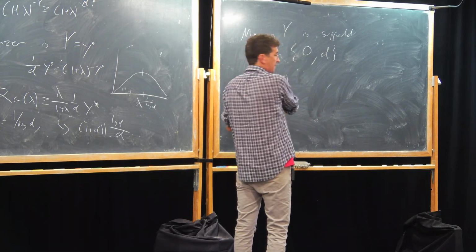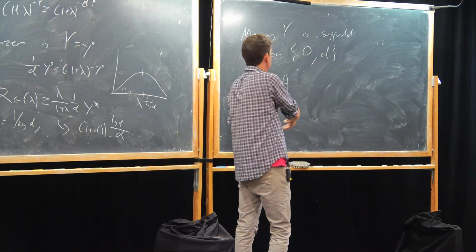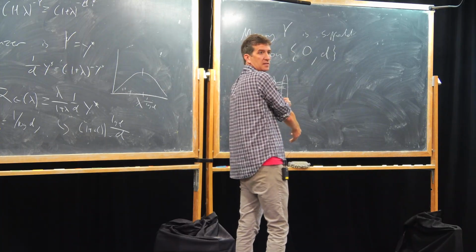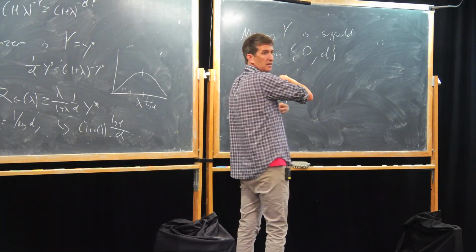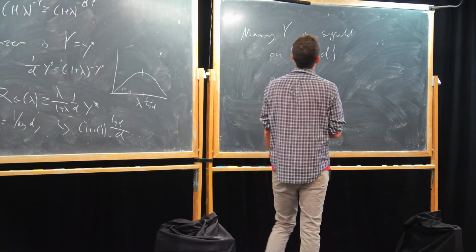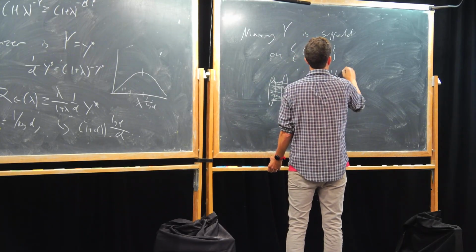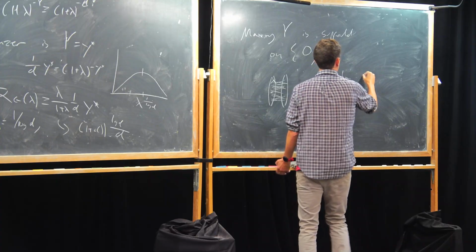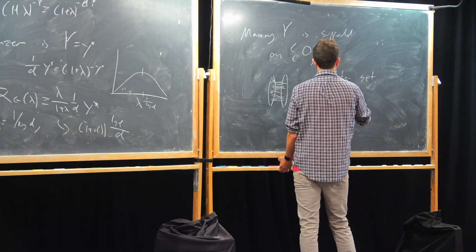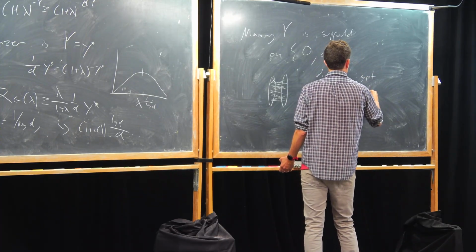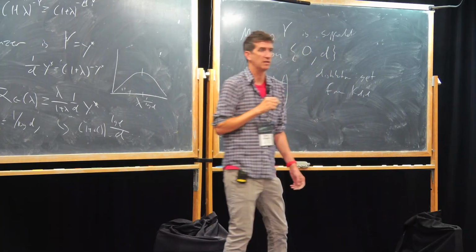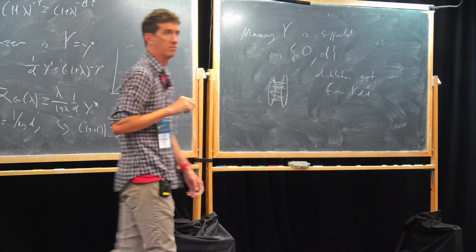And if nothing on this side is occupied, then everything's unblocked, and so d. So this is supported on 0 and d, and this is the distribution you get from K_{d,d}. And so that's the maximization proof.